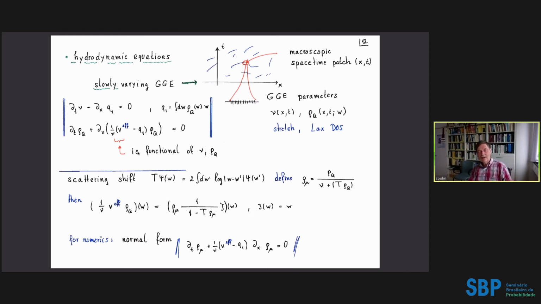Okay. The main point I want to make is that essentially you have to invert an operator, right? Here's an operator which has this logarithm, and essentially you have to compute the inverse of that operator. You will have to do this numerically, except in thermal equilibrium.